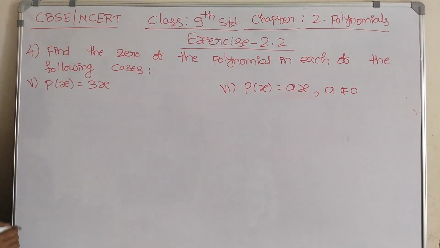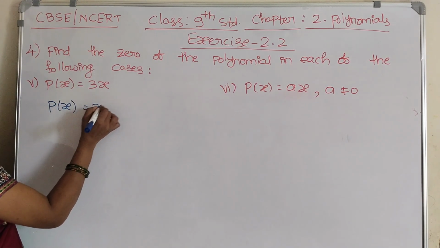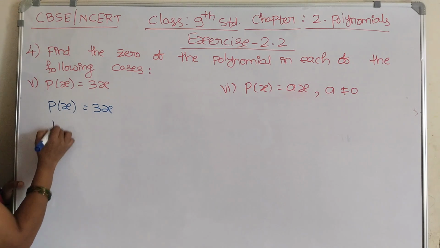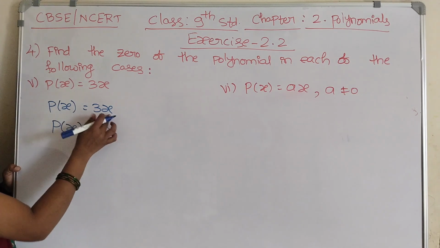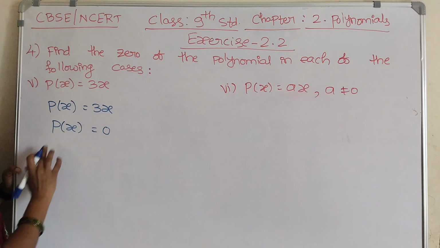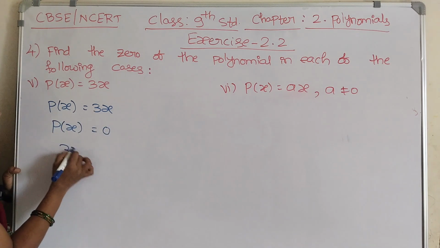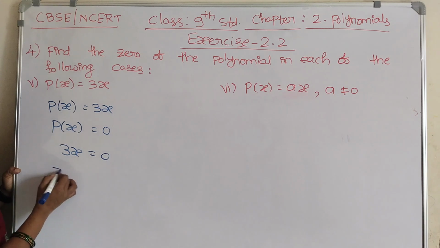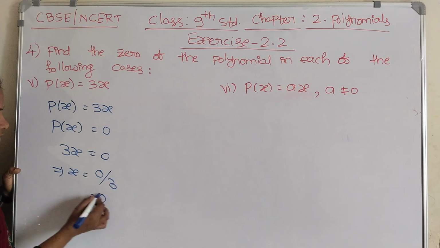The next question is given as p of x is equal to 3x. Now, p of x is equal to 0. Substitute 3x instead of the p of x equal to 0. x is equal to 0 by 3, which is 0.